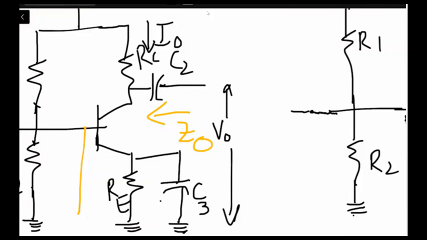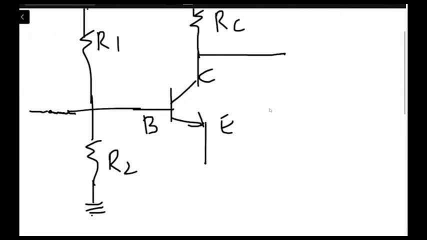For AC, C3 will behave as a short circuit, so RE in parallel to C3 will work as a short circuit. So the emitter will be directly connected to the ground, right?